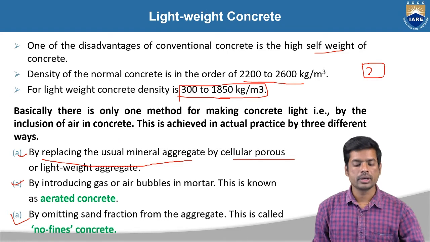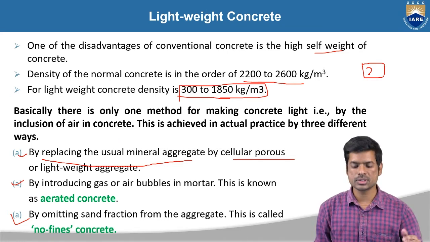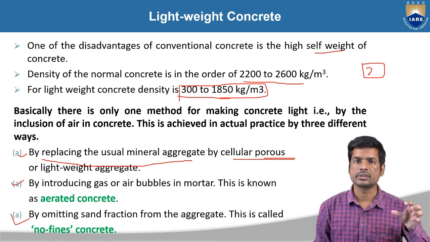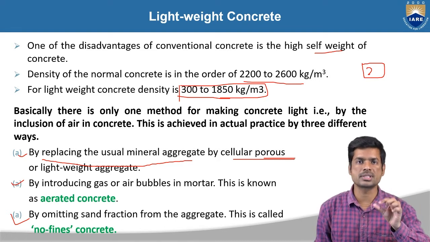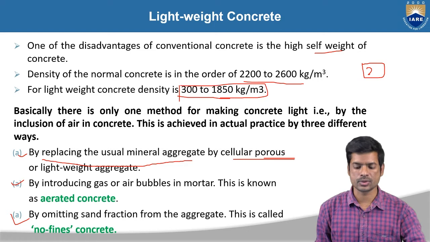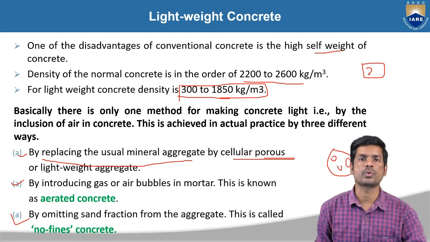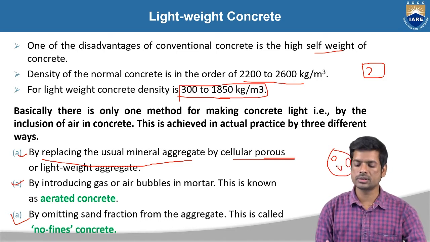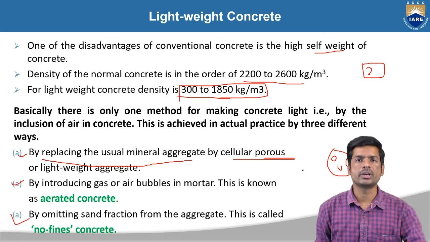Porous aggregates contain pores or voids inside the aggregate, so if this is your aggregate, in its core we may have some air spaces. By using those aggregates we can reduce the weight of normal concrete.